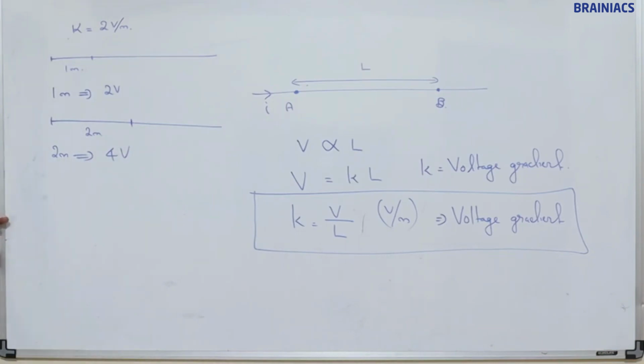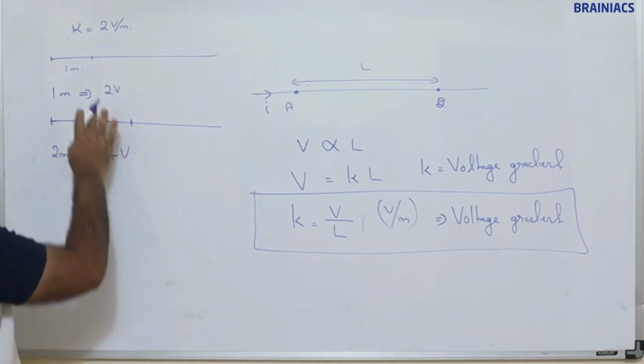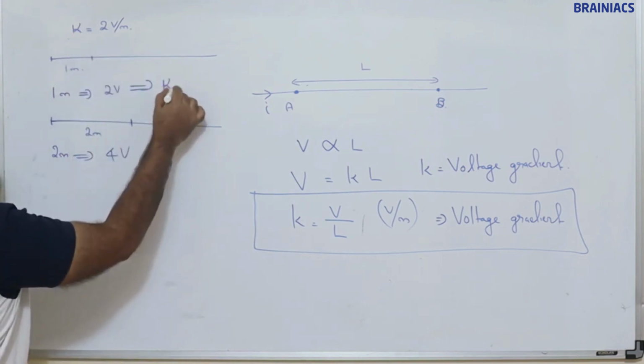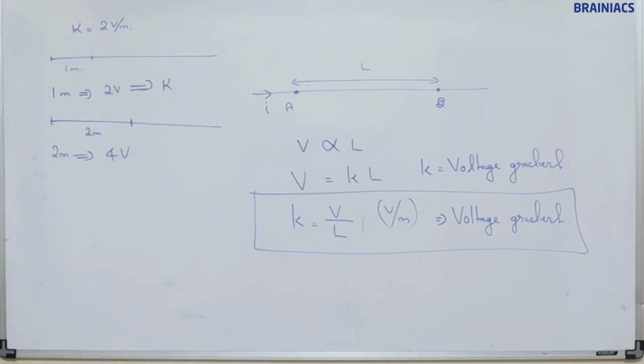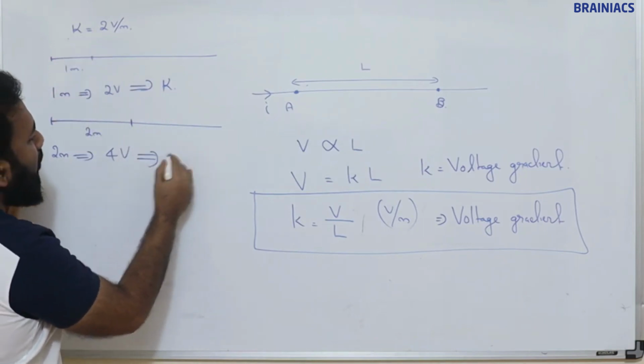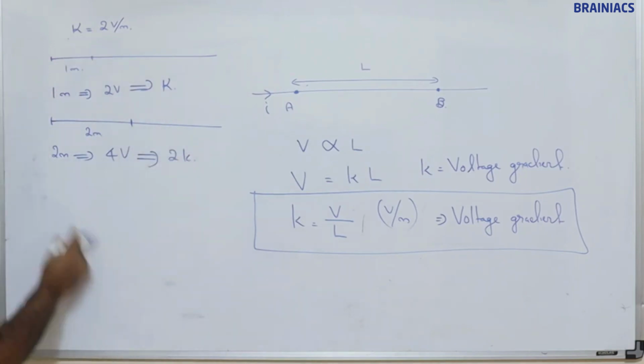Likewise, simply we can say that for 1 meter, K voltage drop will be there. K is the potential gradient. So for 1 meter K will be there, and for 2 meter 2K drop will be there.